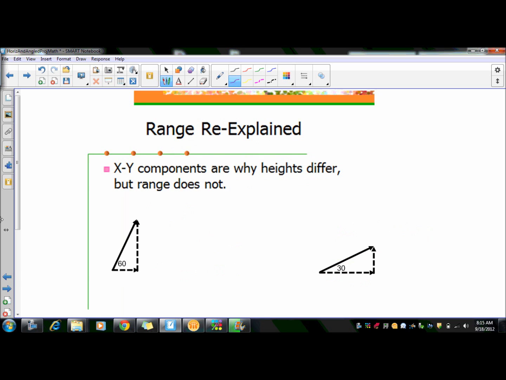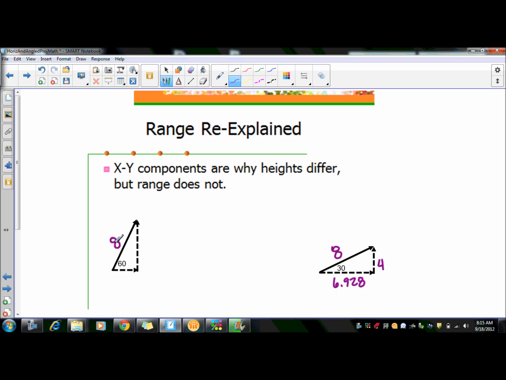So now let's just look at how these velocities are different and then how this changes our range. If we were to use the same numbers, 8 is here, so this was our triangle, right, with 30 degrees. 8 was here, this was 4, and this was 6.928. If we were to do its complement, so 30 degrees' complement is 60, then all that would happen is these two sides would switch.